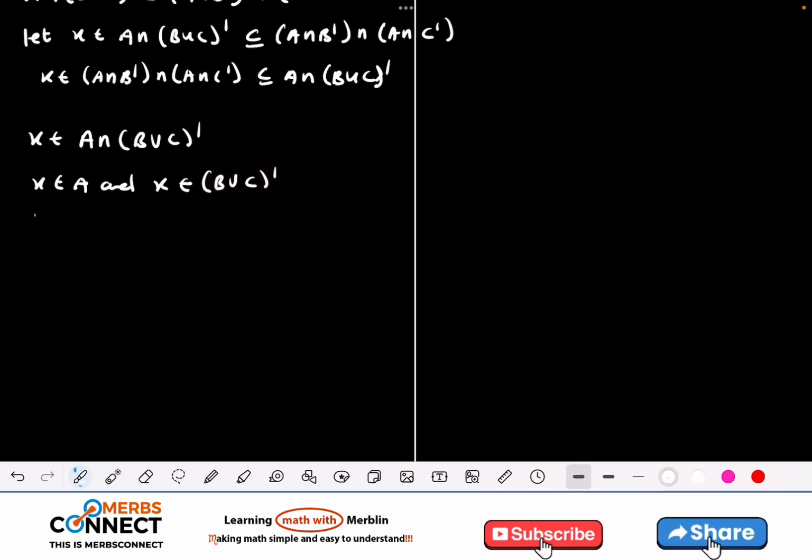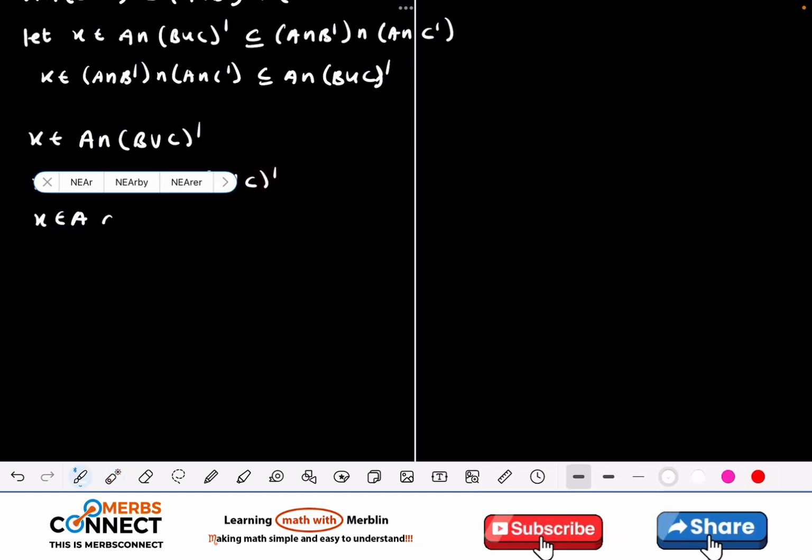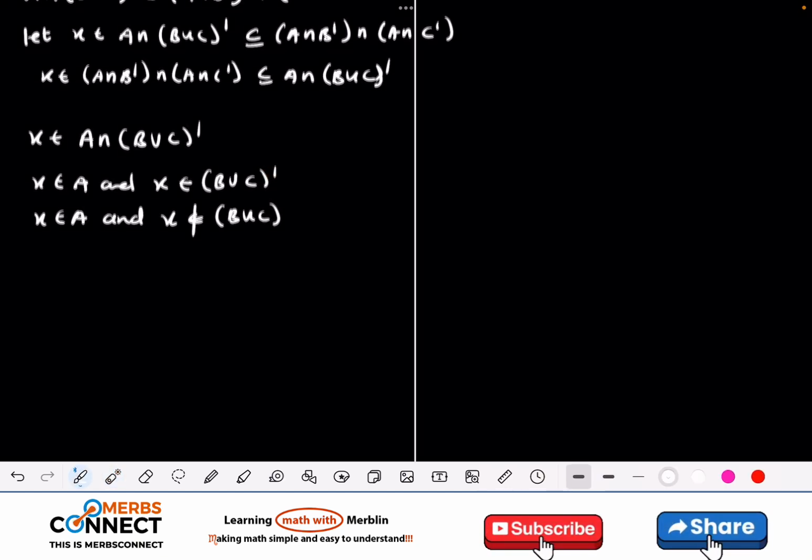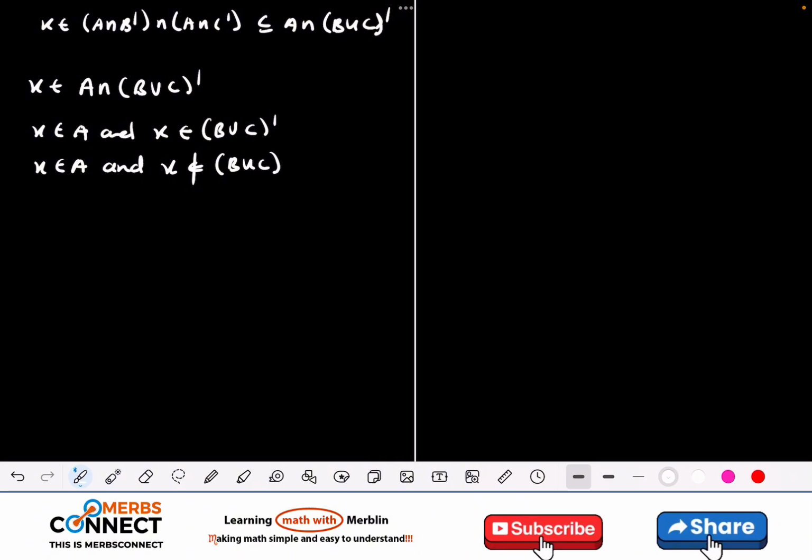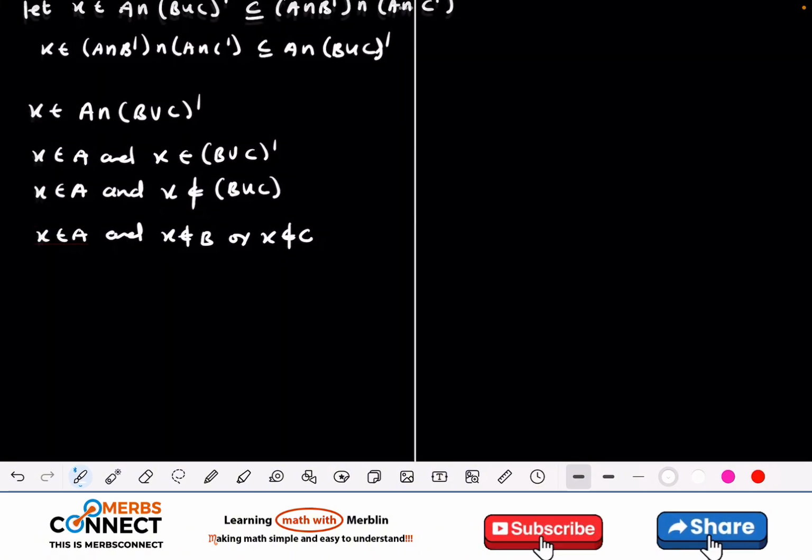So we know what to do. X belongs to A and X is not in B union C. So we change the complement. Then let's continue expanding. X belongs to A and X does not belong to B, and because you are using union there, X does not belong to C. So we are done with the expansion.